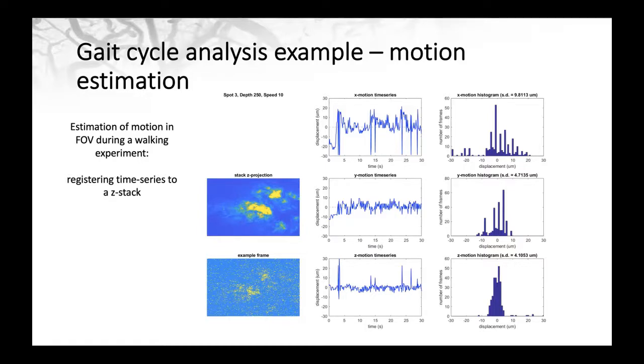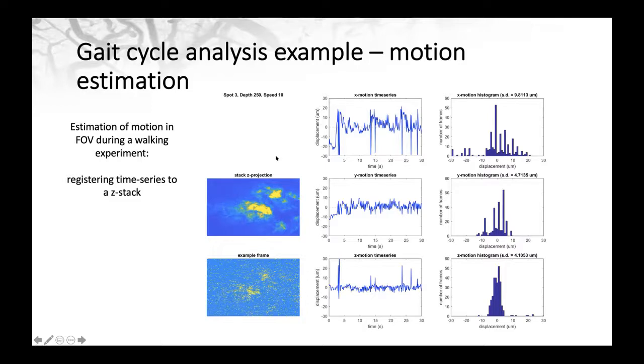There is some motion artifact in the rostrocaudal direction, because even though we have the spinal cord fixed on the side using the metal bars, the spinal cord itself can move within the vertebral column. There are a few things we can do to mitigate that. When we do the laminectomy, we add some extra surgical glue on the outside to stabilize that particular spot.